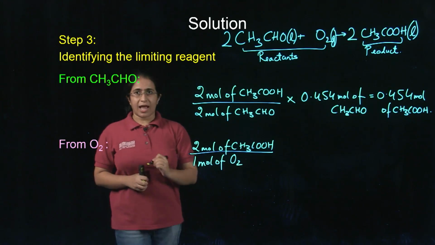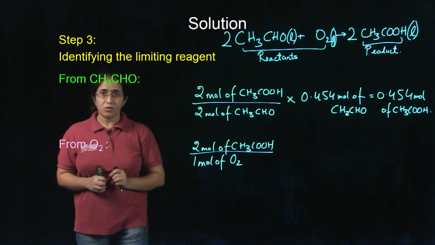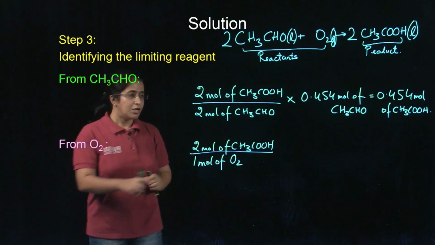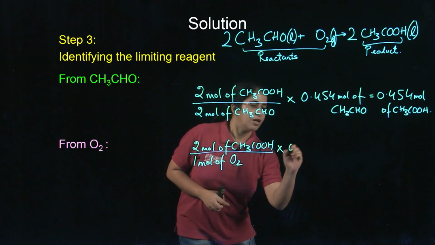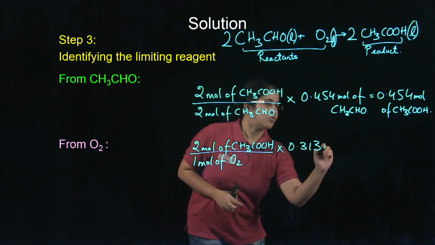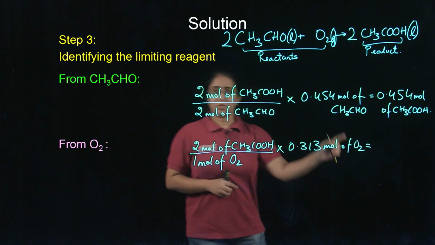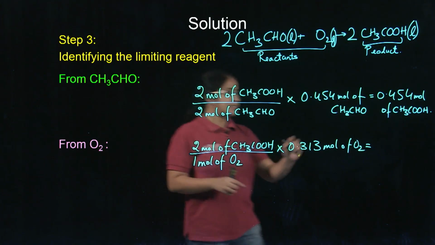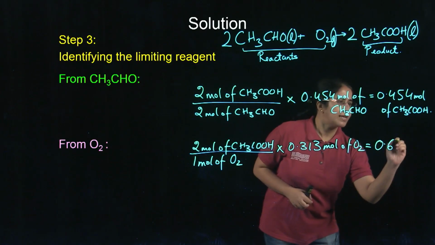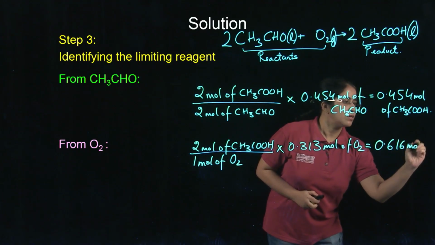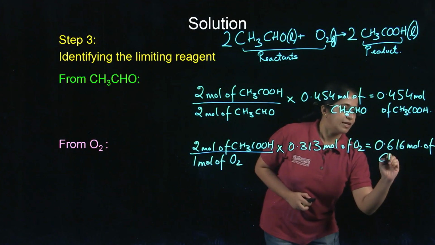So if you want to find out what is the actual number of moles of acetic acid that is formed, you need to multiply this by 0.313 moles of oxygen that you again got from the previous calculations, and this number is going to be 0.616 moles of acetic acid.